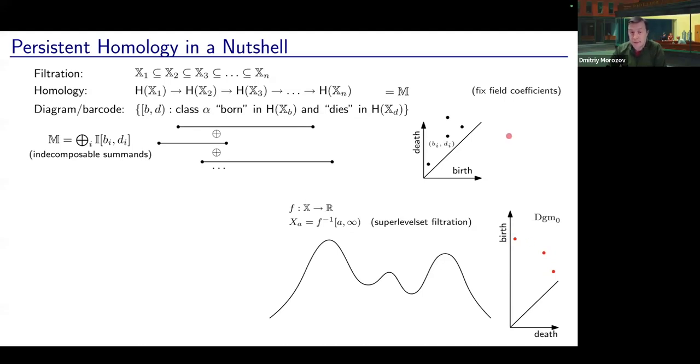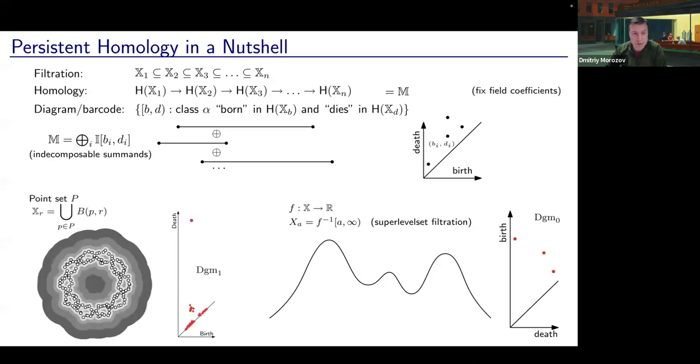Another setting that is also very common, that if you've heard of persistence, you most likely have heard about, because it was heavily popularized, especially in the early days. The idea is that you can create this filtration by growing balls around the points. So I will take my space in this filtration, X_r, to be the union of balls of radius r around these points.